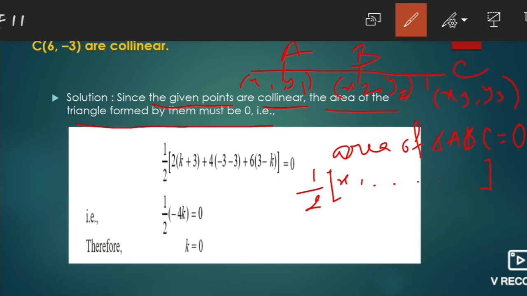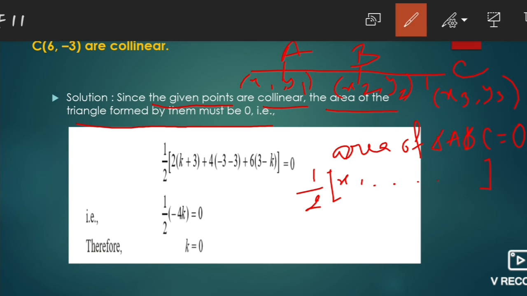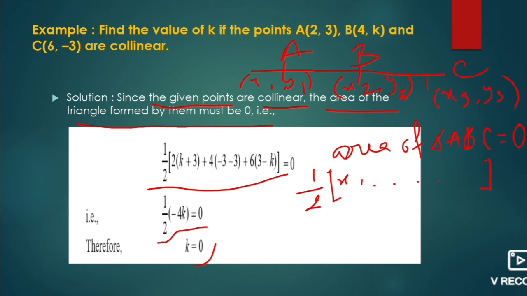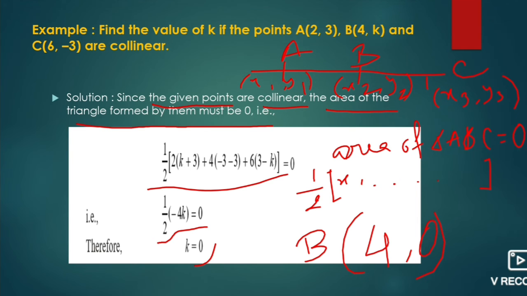Put the coordinate values: here 2, 3, 4, k, 6, minus 3, put them in the formula. You will get this equation, half into minus 4k equal to 0. That is, the value of k becomes 0. That means the B point will actually be 4, 0. Okay, in this way you have to solve this example.